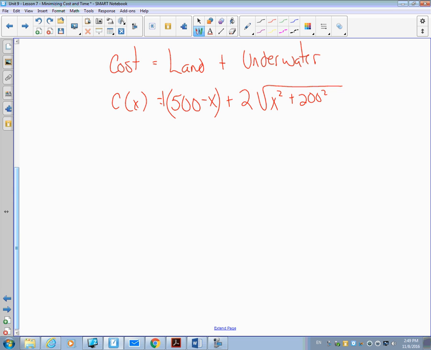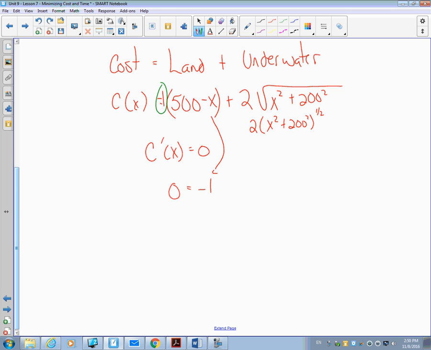I want to minimize my costs, so I'm taking my derivative equal to 0. Now, the number 1 I put out front doesn't actually have any effect, so when you're taking a derivative, you can ignore it. So the derivative of 500 is gone. The derivative of negative x is just negative 1. This next piece is like saying x squared plus 200 squared to the 1/2, right?